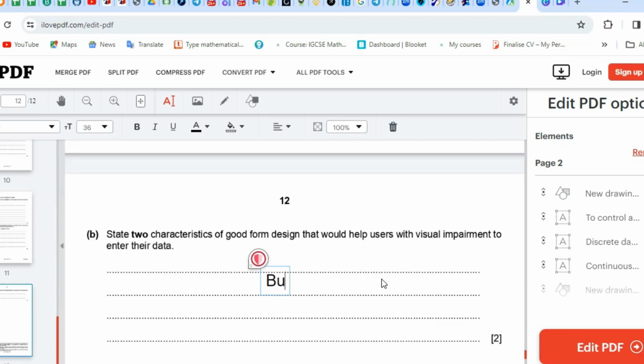Then 2, font size is large enough to read. Buttons are large enough to see, and font size is large enough to read.